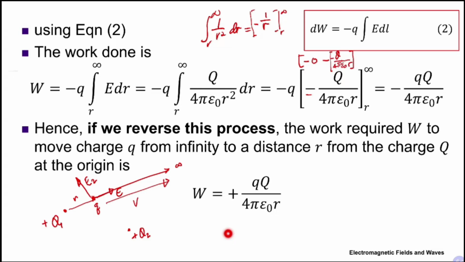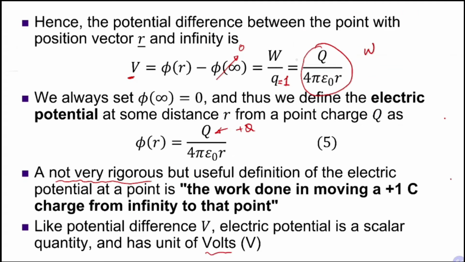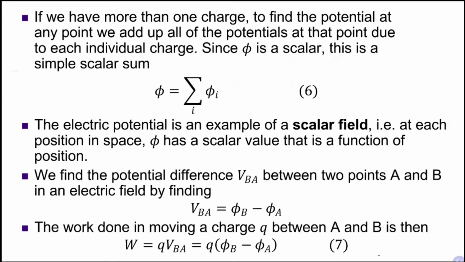But the potential is a scalar, so all you need to calculate is this value here, Q over 4 pi epsilon naught R due to charge 1, and then Q over 4 pi epsilon naught R due to charge 2, and then you just sum the two potentials. So that makes it very useful and easier to calculate compared to a vector electric field.